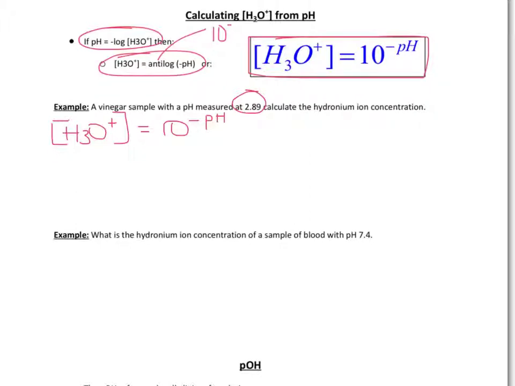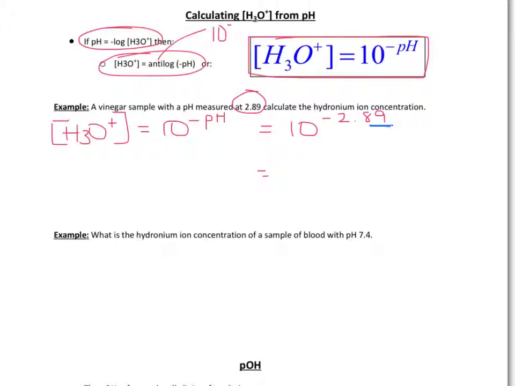Since we're calculating the concentration, our answer is going to have the same number of significant figures as there are decimal places in the given pH. In the given pH, we've been told that it is 2.89. So ask yourself, how many decimal places does this have? And you should see that it has 2 decimal places. Therefore, we should give a concentration with 2 significant figures.